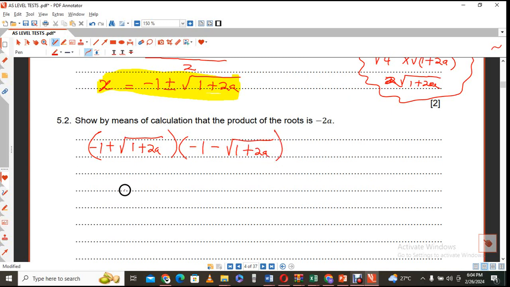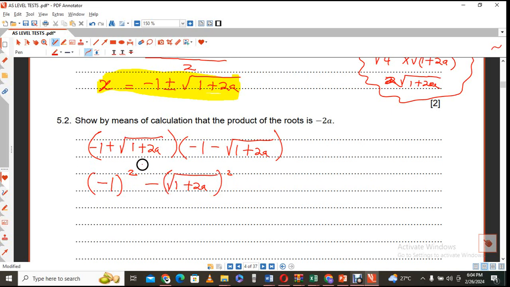Let's see what we get. If you multiply out, it's the difference of 2 squares, and hopefully you are familiar with that. So you have negative 1 all squared minus the square root of 1 plus 2a, squared.